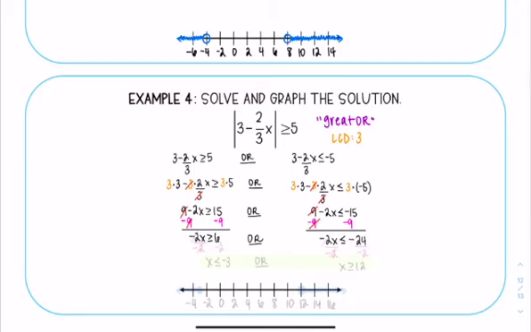And so the last thing I can do is I can divide by negative 2. And again, the negative 2's are going to cancel, but I did divide by a negative number, so this now becomes x is less than or equal to negative 3. Or we get x is greater than or equal to 12.